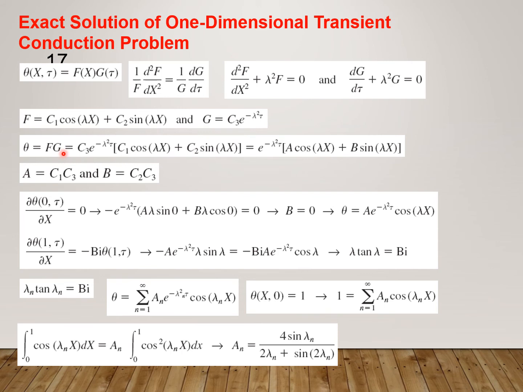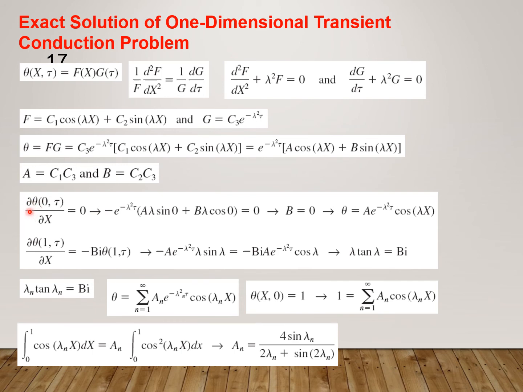Theta is equal to fg is equal to c3 e to the power minus lambda square tau, in bracket c1 cos lambda x plus c2 sin lambda x, which is equal to e to the power minus lambda square tau, a cos lambda x plus b sin lambda x, where a is equal to c1 c3 and b is equal to c2 c3.